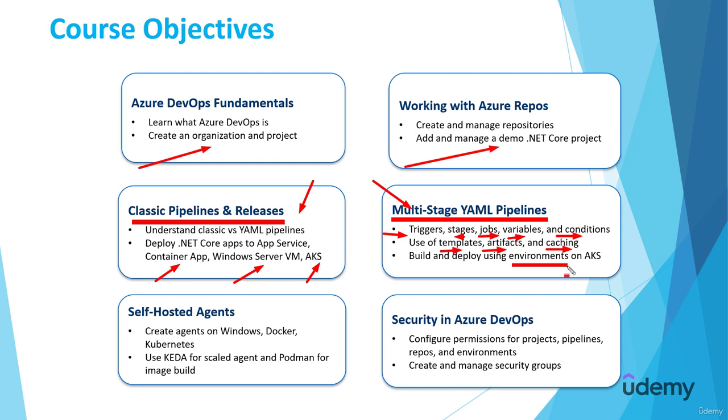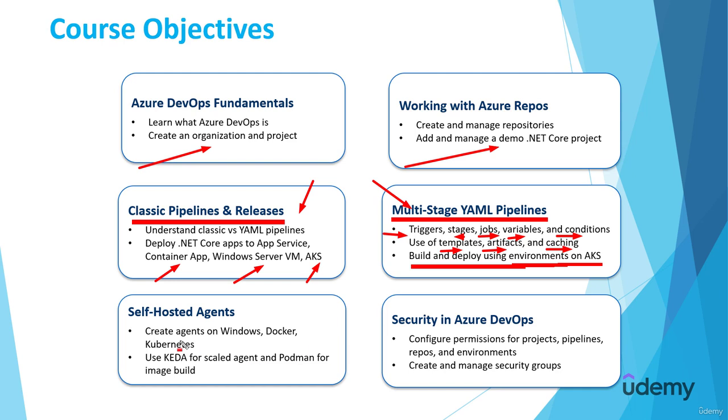It's a modern way to connect to your AKS cluster in the YAML pipelines. I will talk a lot about the environments and how to connect them with the AKS and how to deploy inside your environment from the YAML pipeline. This phase will take a lot of time, and it will be the most important phase in the course.